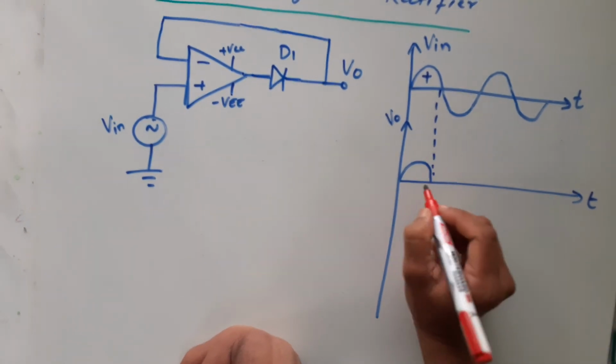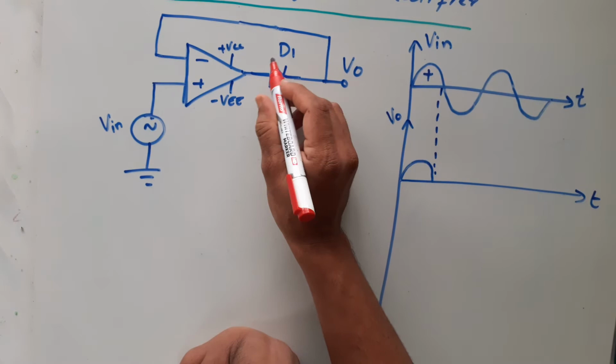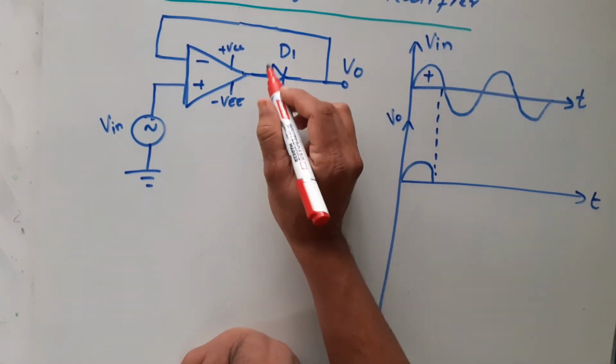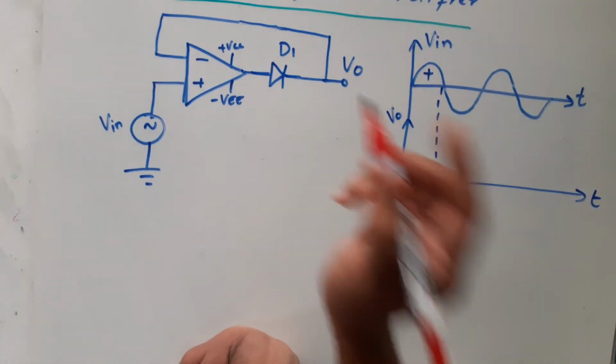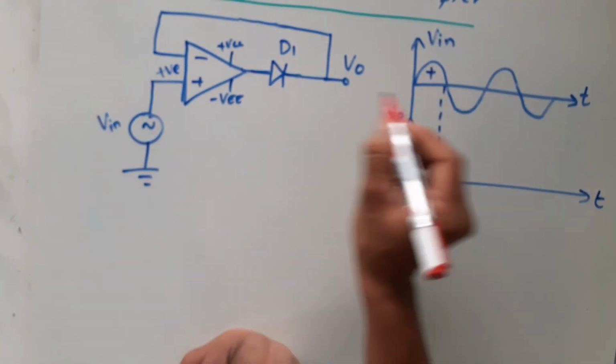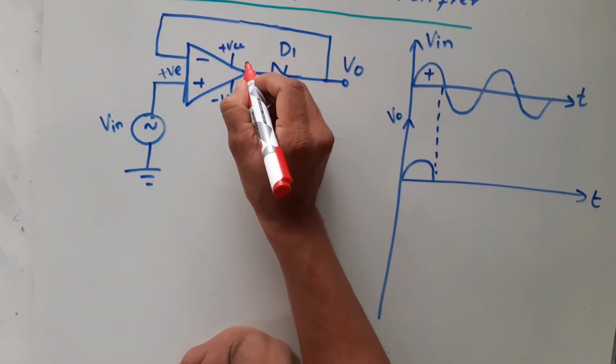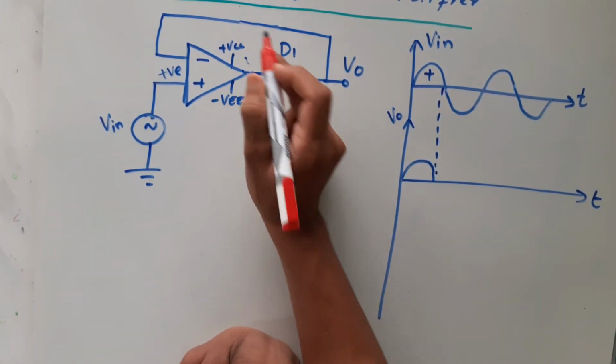Understood? So you will get a positive half cycle like this. Why? Because the diode will conduct here. The diode is forward biased for this positive voltage. I repeat, when you apply a positive voltage here, this positive half cycle, this will give a positive output.